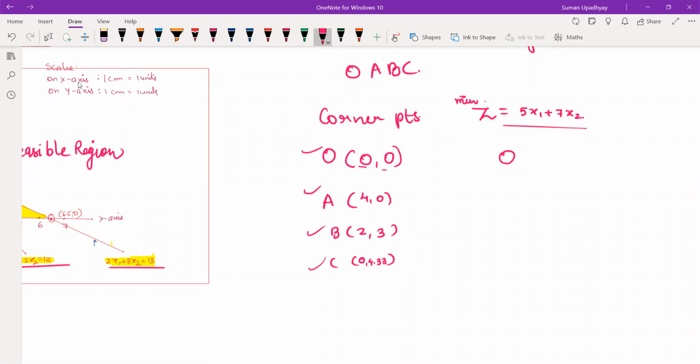Now put the value of a, that is 4,0: x1 is 4 and x2 is 0. So what will I get? 5 into 4 plus 7 into 0, that is 20. For the next point, 5 into 2 plus 7 into 3, so 10 plus 21, 31.